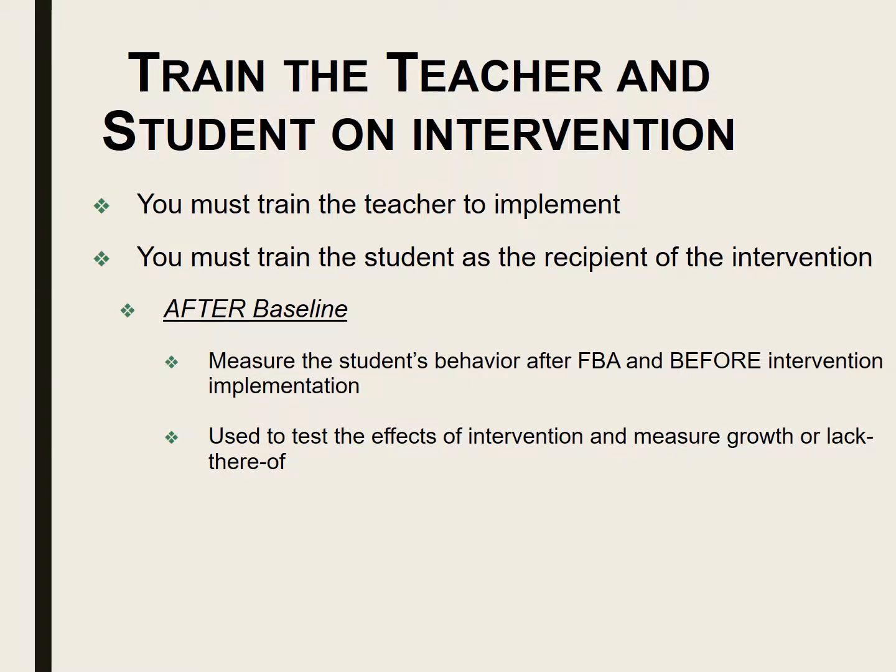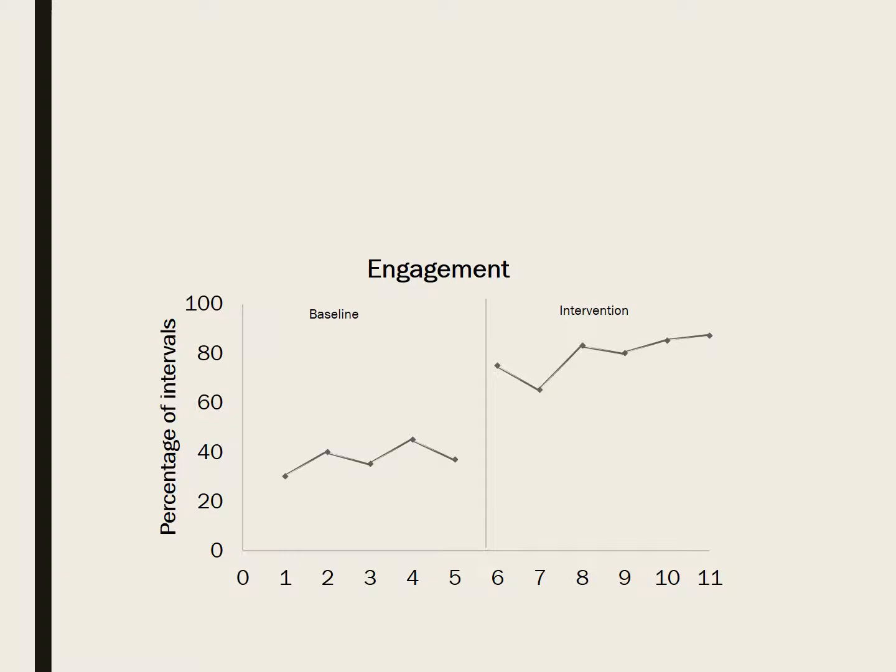So baseline, as I said, is used to test the effects of the intervention and to measure the student's growth or lack thereof. To give you a visual, here would be an example of what it might look like as an intervention to focus on engagement for a student. In the first 5 data points, you'll see that's baseline. So again, this is pre-intervention. Here I've measured the student 5 times. I see that his engagement is low.